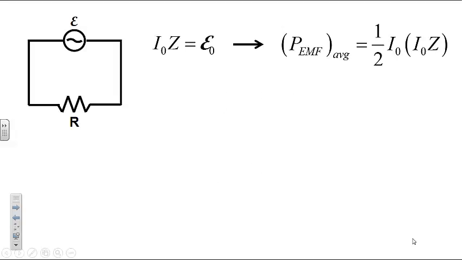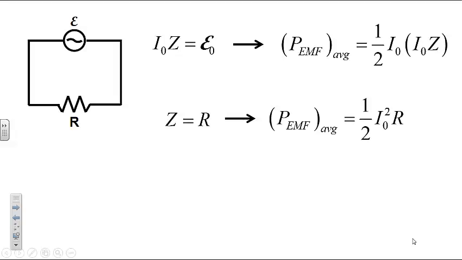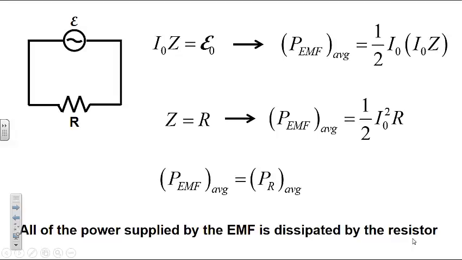We can rewrite this expression using Ohm's law. The impedance of the circuit is simply the resistance of the resistor. We see that the average power supplied by the EMF to this circuit is equal to the average power dissipated by the resistor in this circuit.